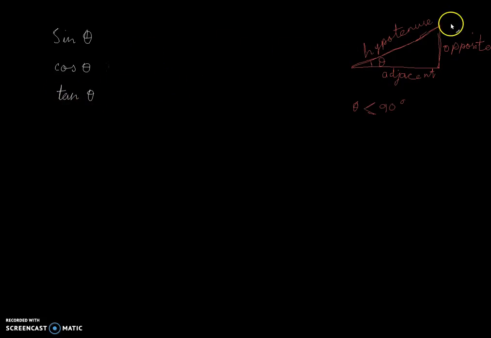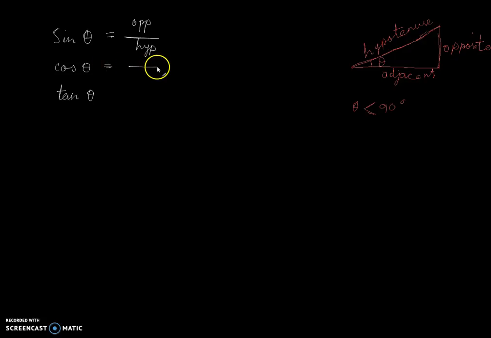And sine theta, in case of an acute angle like theta, is always opposite by hypotenuse. So OPP means opposite, this side, and this is the hypotenuse.